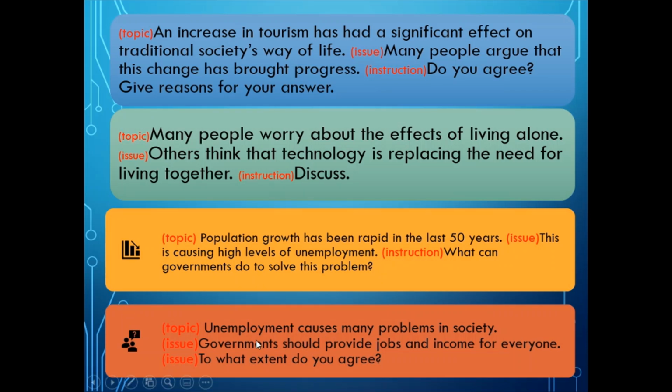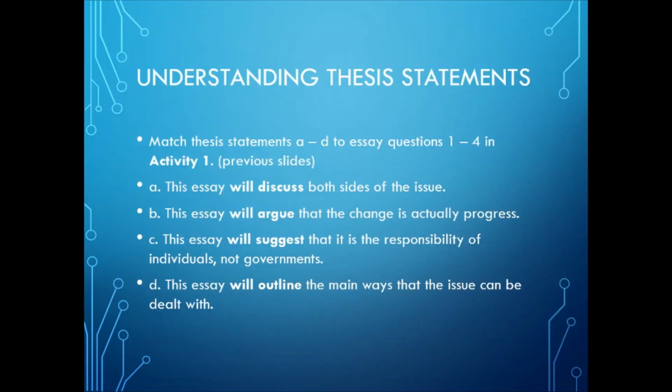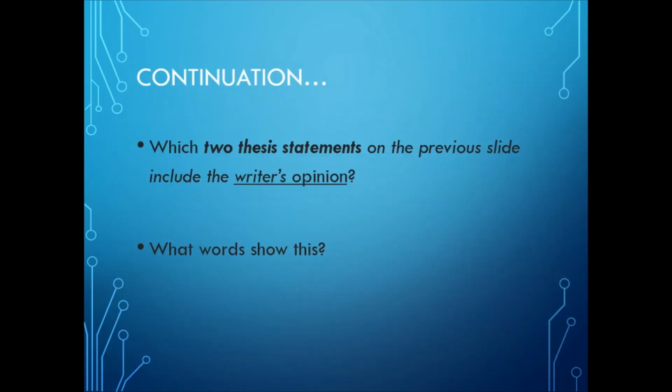Okay, and the last one, unemployment causes many problems in society. Government should provide jobs and income for everyone. To what extent do you agree? Okay, so we have here, this essay will suggest that it is the responsibility of individuals, not government. Okay, so which two thesis statements on the previous slide include the writer's opinion?